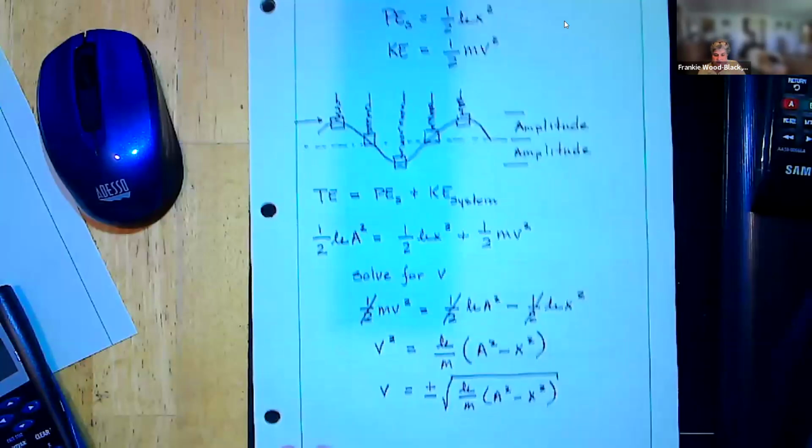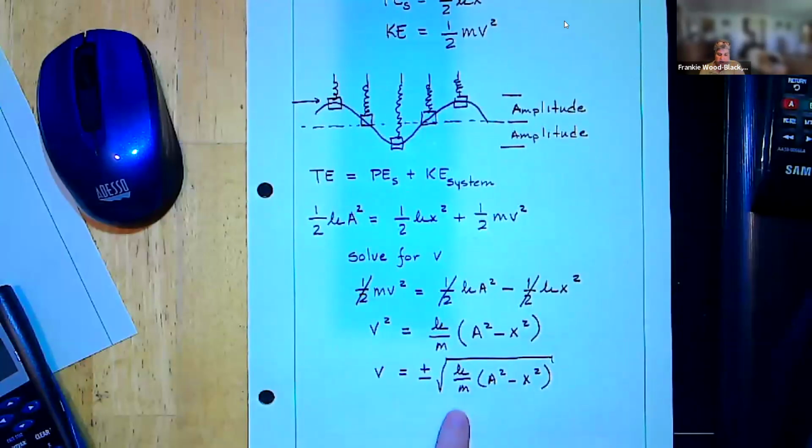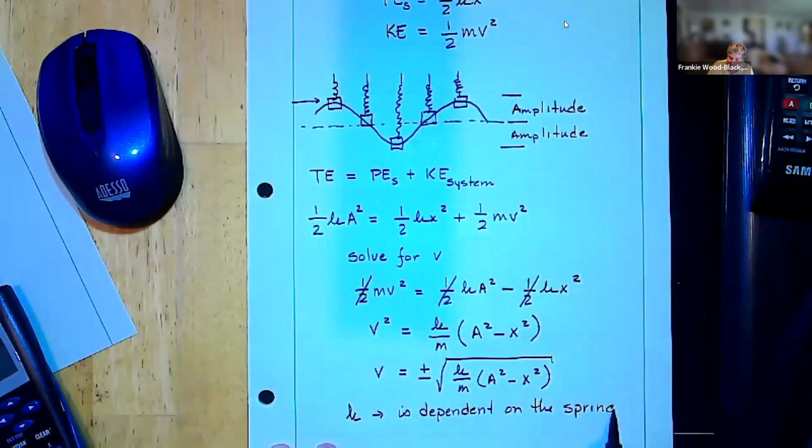Now, this is really interesting because I want you to look at this. k is dependent on the spring. m is dependent on the system.